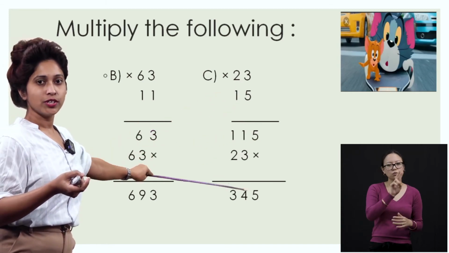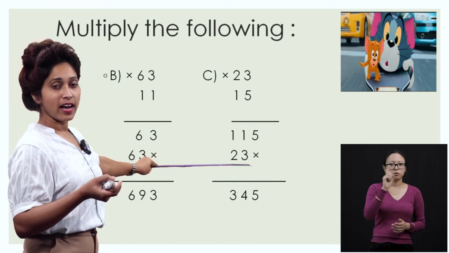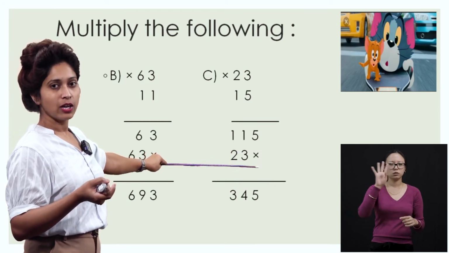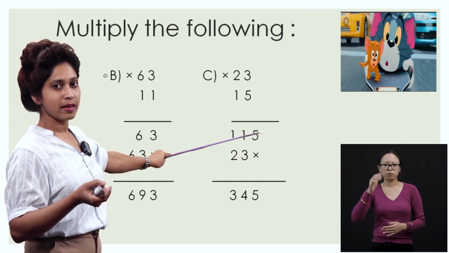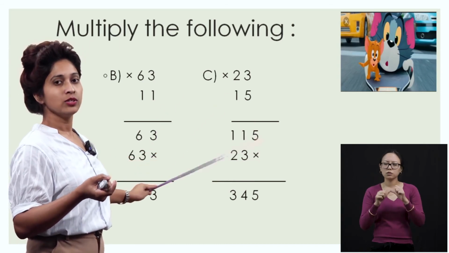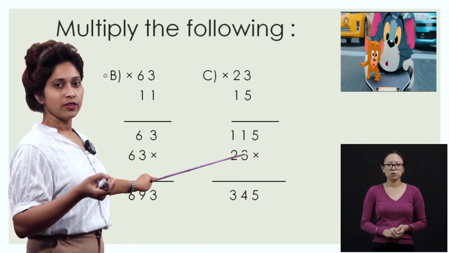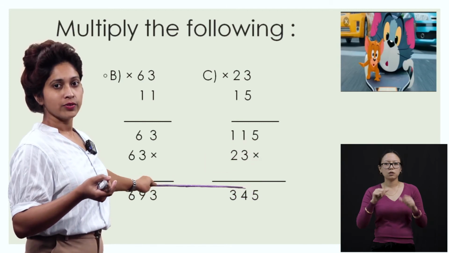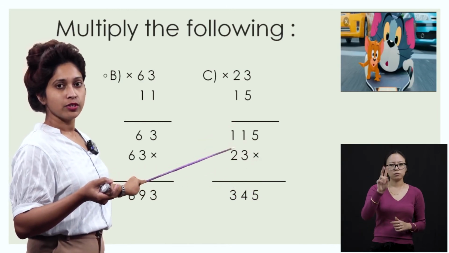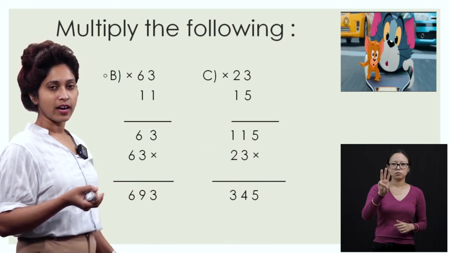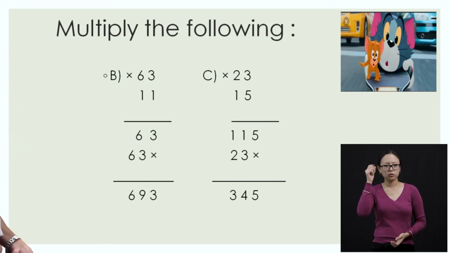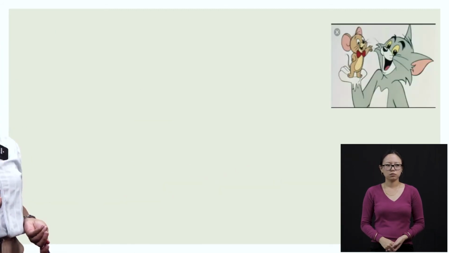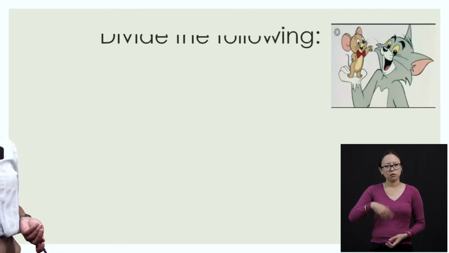You need to add them up again. So 5, below that you don't have any number, same as the earlier one, so you write 5. Then 3 plus 1, you get 4. Then 2 plus 1, you get 3, right? Did you understand, children?